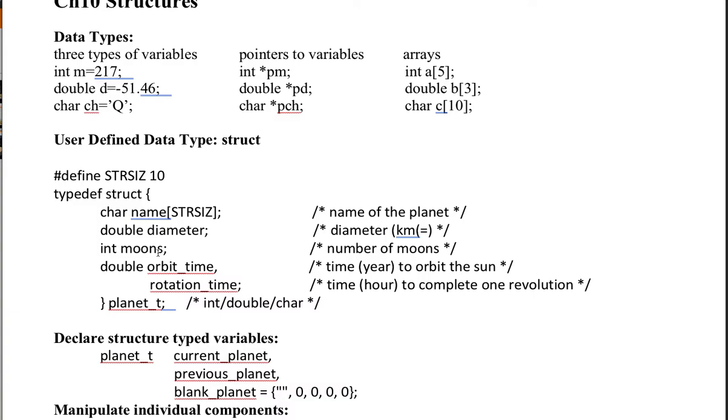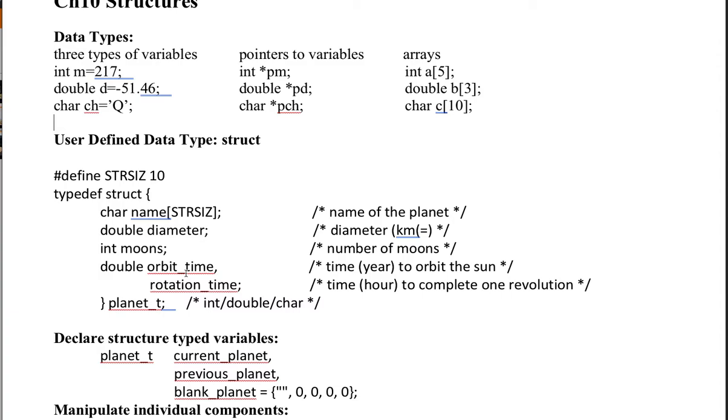And there are two additional things: the orbit time, the time it takes the planet to orbit the sun, and the rotation time, the time to complete one revolution of the planet itself. By the way, do you know what the orbit time and the rotation time are for our planet Earth?